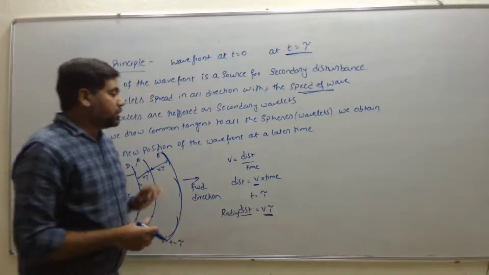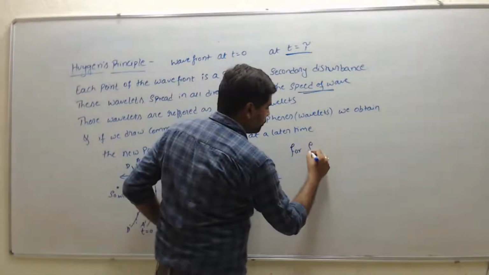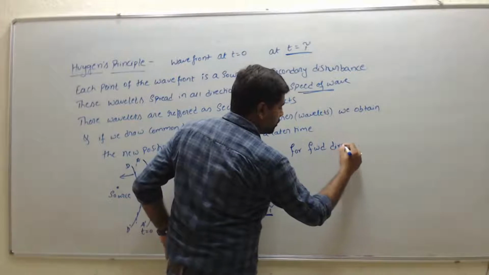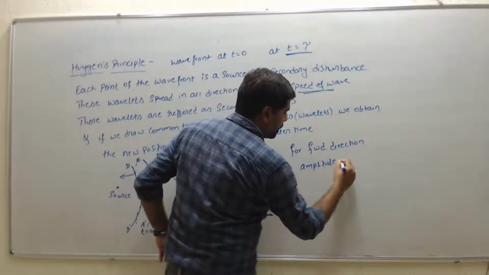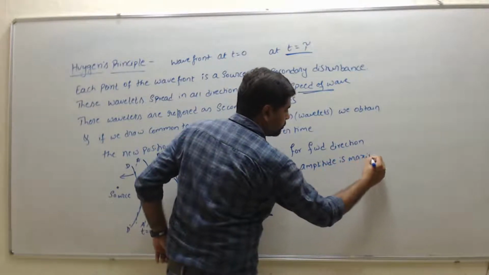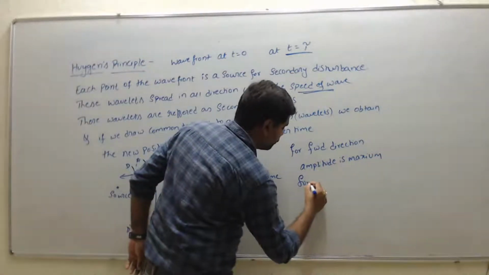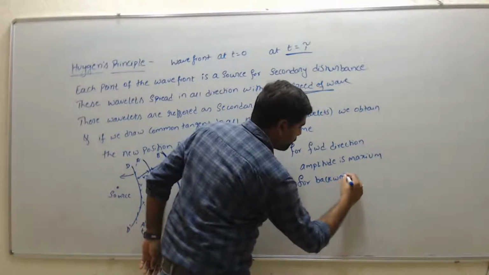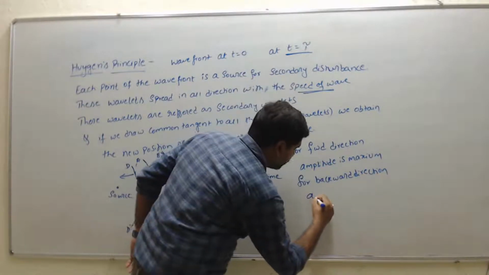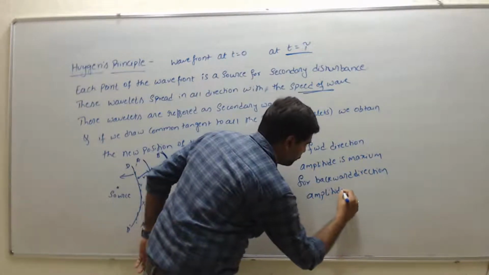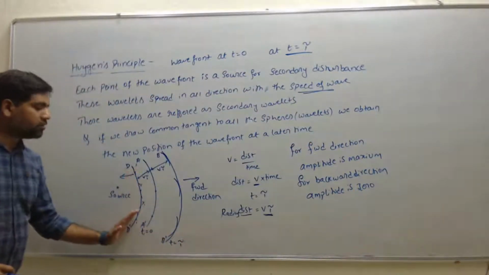So Huygens also proposed that for the forward direction, the amplitude is maximum, and for the backward direction, the amplitude is 0. That is, this wavefront has 0 amplitude.